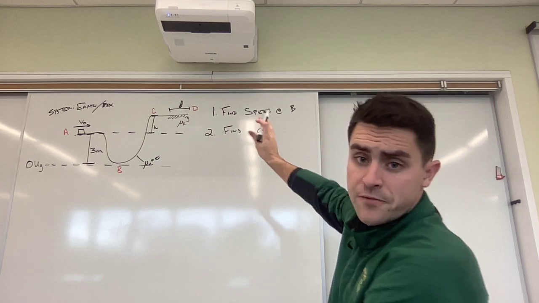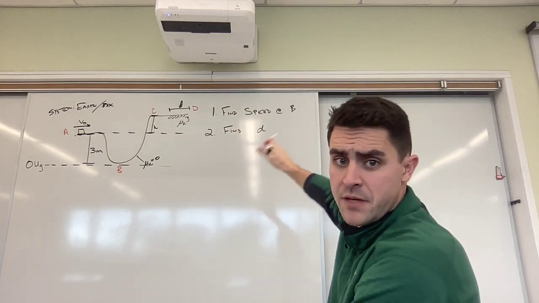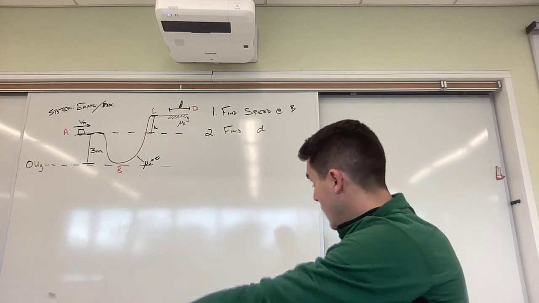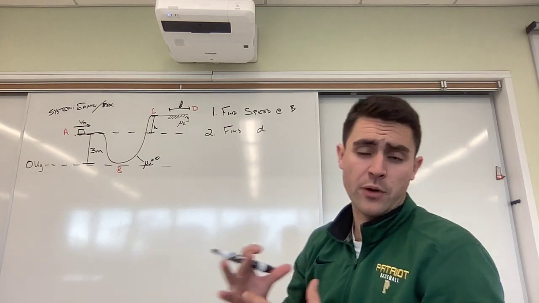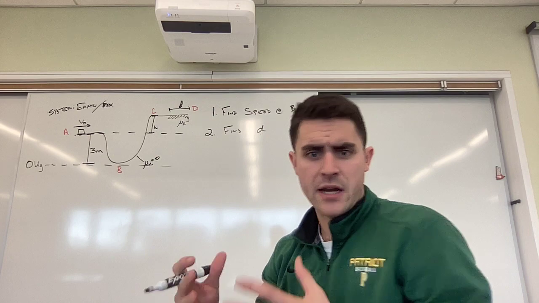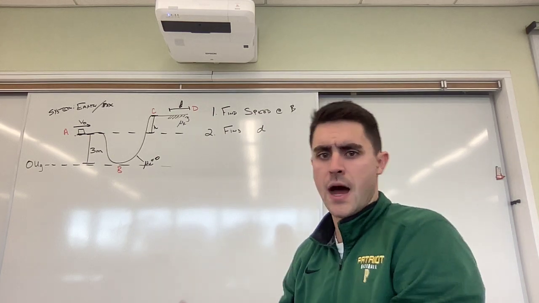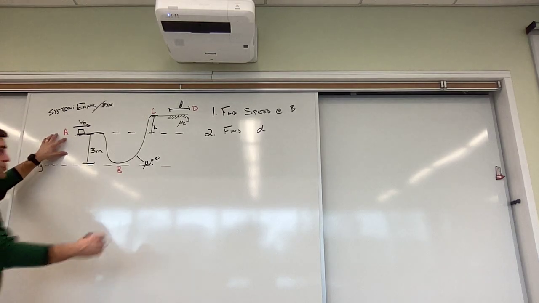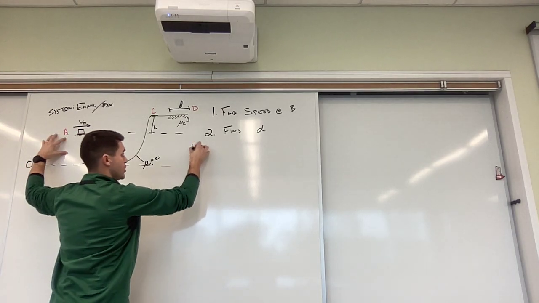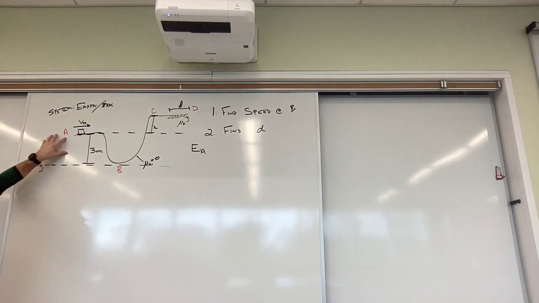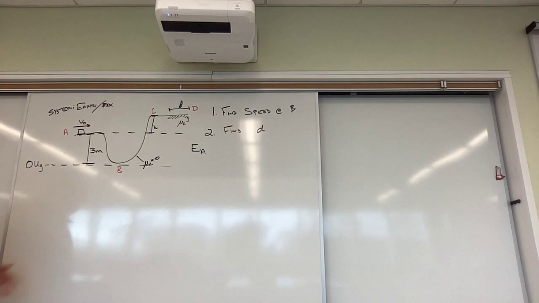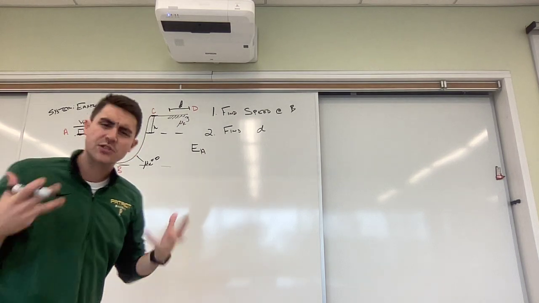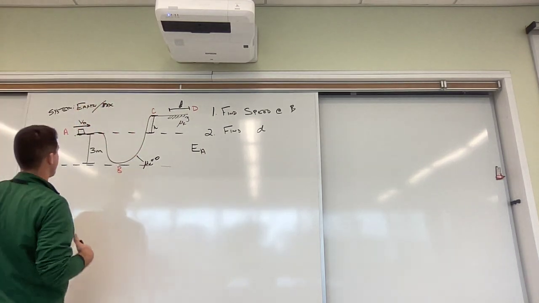I've got two questions. The first is to find the speed at B, and then find distance d. I want to find both of those values. Before I do that, I want to figure out where energy is conserved and where it is not, so where are the outside forces? I think about the initial energy at A, which we'll call E_A. From A to B, are there any outside forces acting on the Earth-box system?